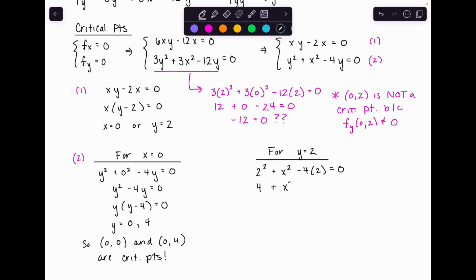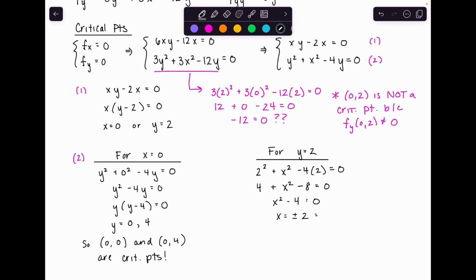That's 4 plus x squared minus 8 is 0, which is x squared minus 4 is 0. And then you could factor this. It's a difference of squares. You can move the 4 over, take a square root, but hopefully at this point you see there's two possibilities, plus or minus 2. So I'm going to pair each of these x's up with this y to figure out my critical points.